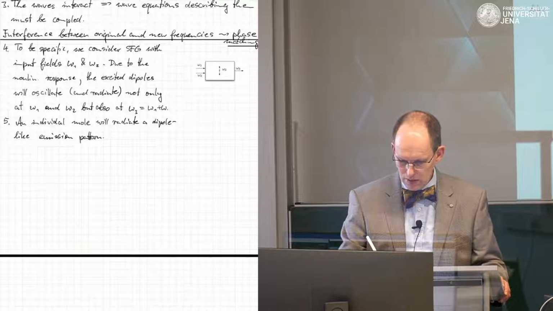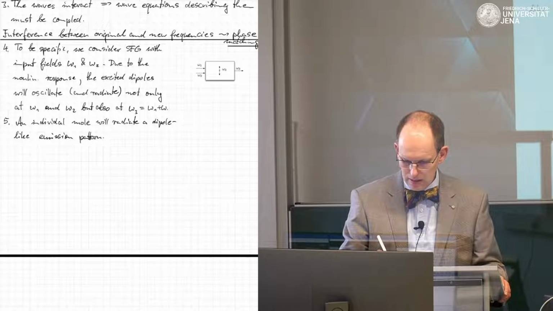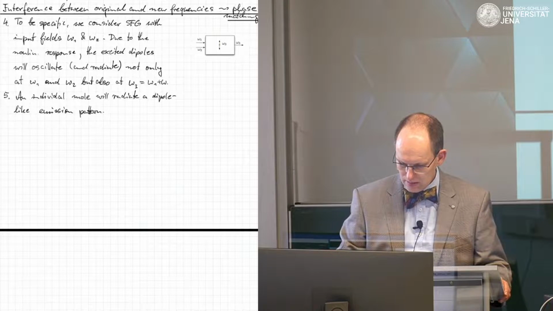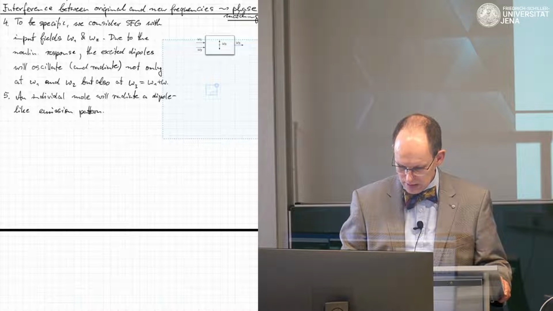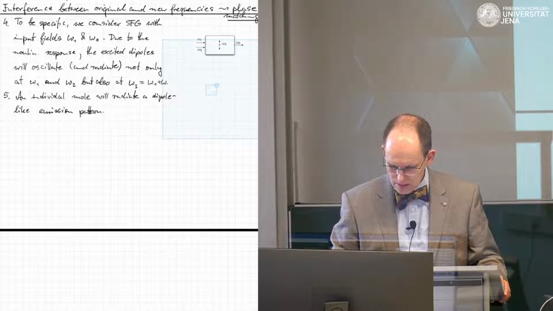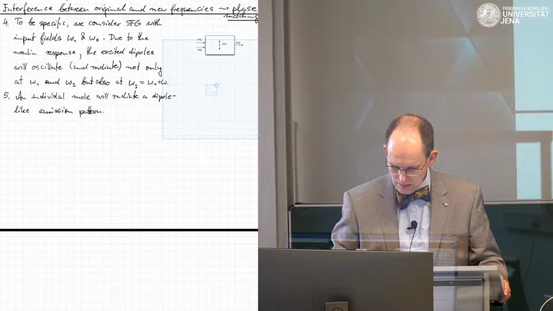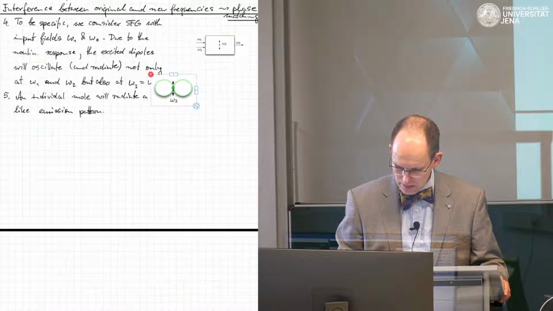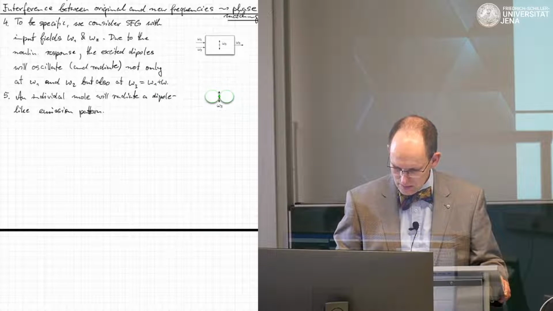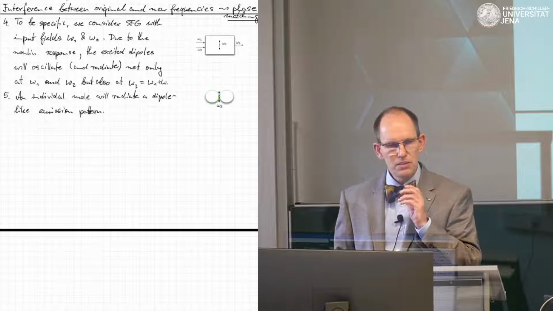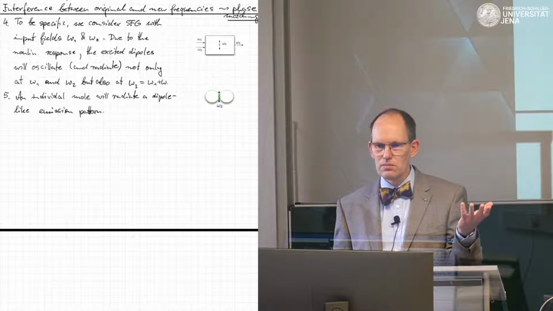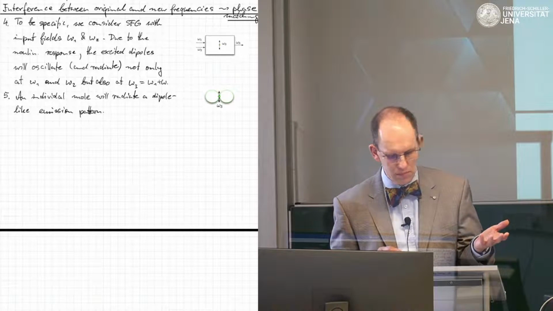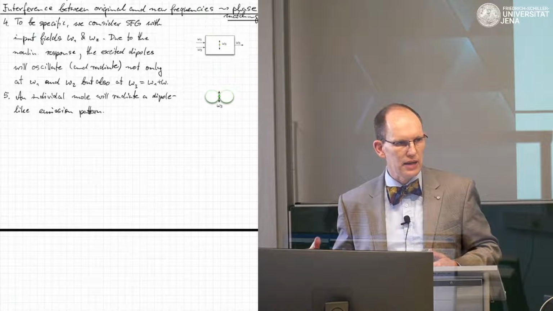Yeah, would look something like this. Something like this here. Yeah. But we have, of course, not just one atom, we have many of them, and each of them radiates.